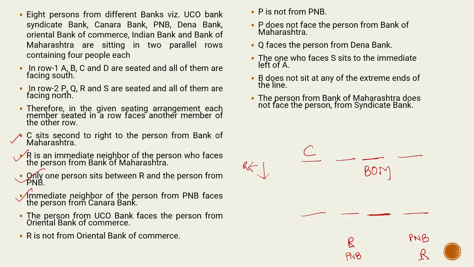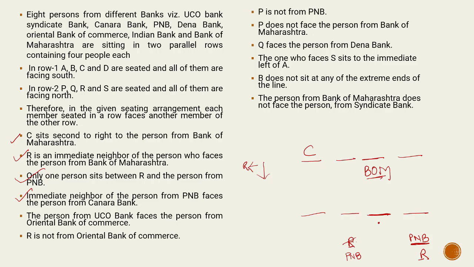The immediate neighbor of the person from PNB faces the person from Canara Bank. So if I assume the person from PNB to be here, this place would be the immediate neighbor of that person, and it is being said the immediate neighbor of the person from PNB faces the person from Canara Bank, but I already have Bank of Maharashtra here.